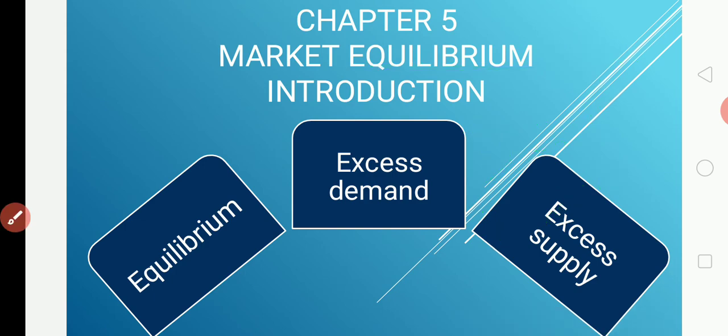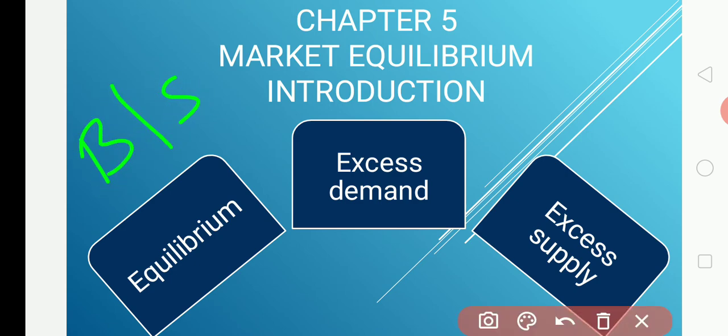We are continuing with the consumers and the producers aspect, as I said. This market equilibrium we are studying under the perfectly competitive market. A perfectly competitive market consists of buyers and sellers, who are driven by self-interested objectives.